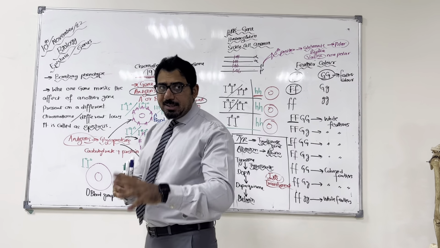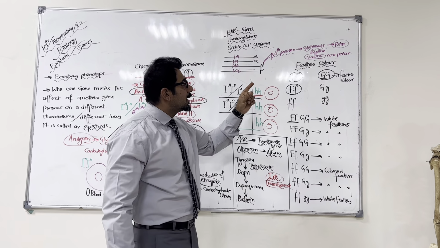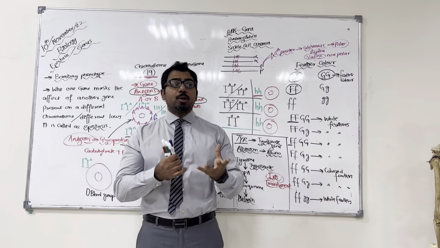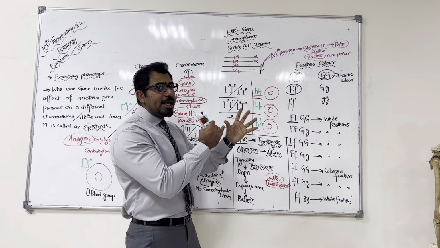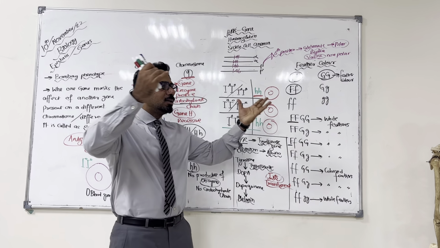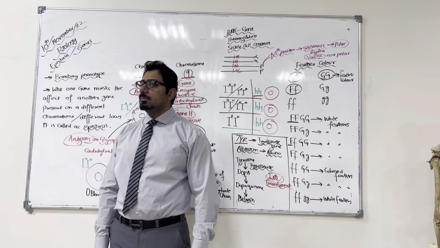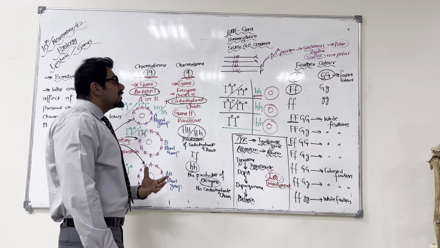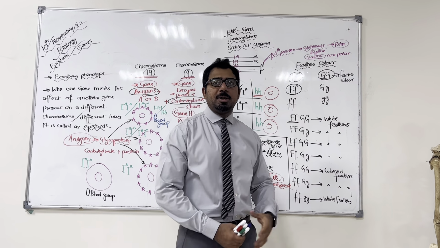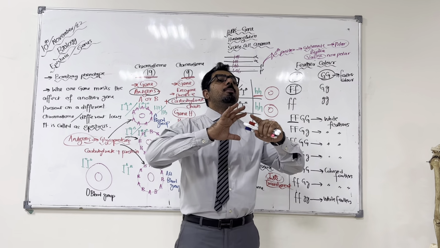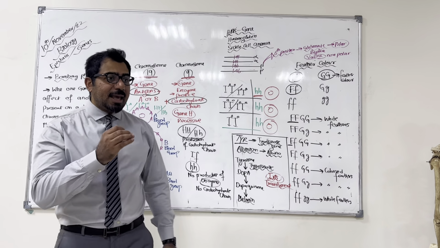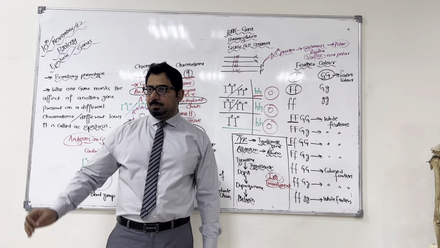The effect is that this valine is non-polar and glutamate is polar. Because of that, the tertiary structure of the beta chain is disturbed. As the tertiary structure of the beta chain is disturbed, the proper globule will not be formed in the quaternary structure, and the proper oxygen carrying capacity will be lost.